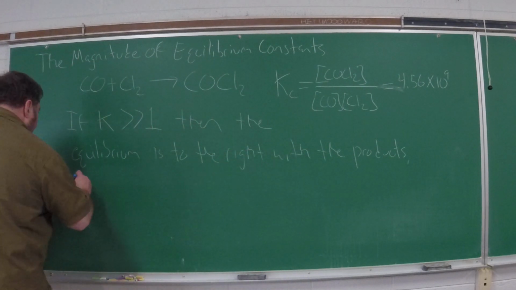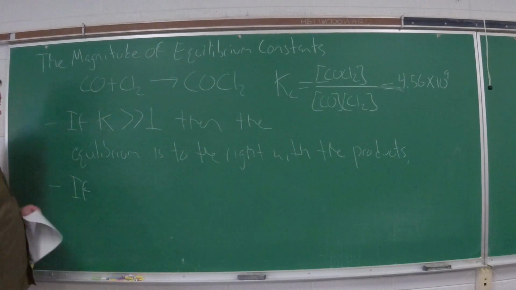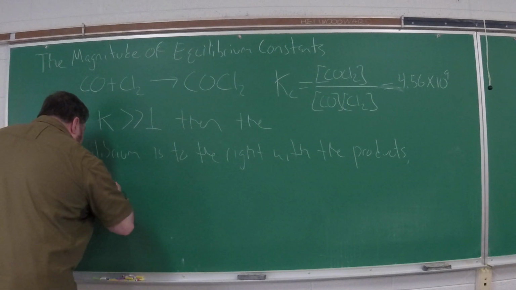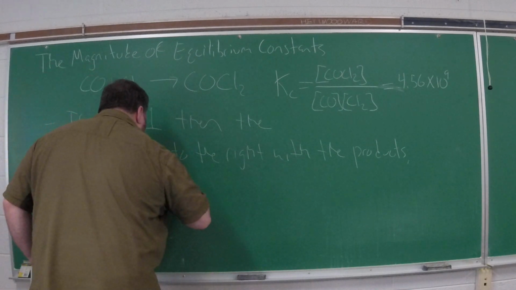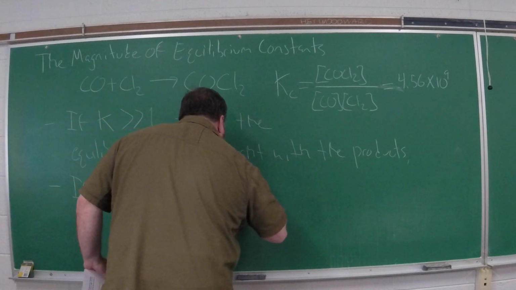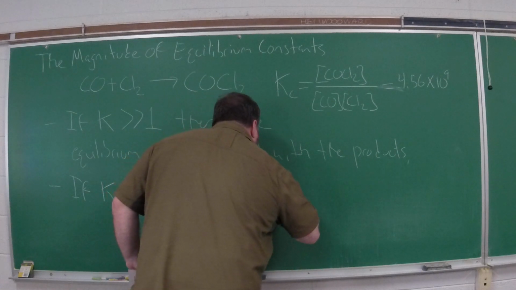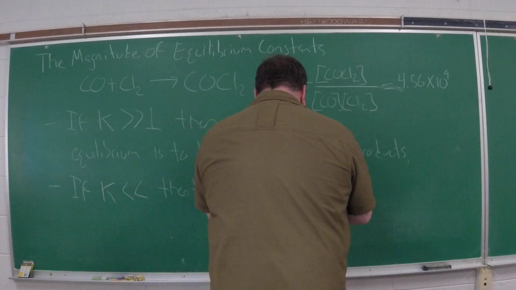On the other hand, I should let you see that, I guess. If K is very much less than 1, then the equilibrium is to the left.